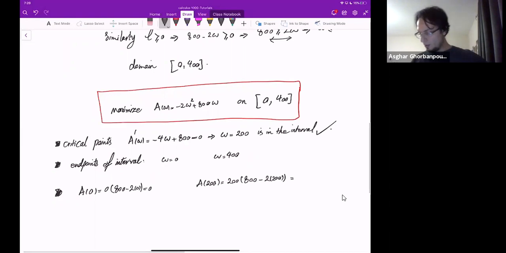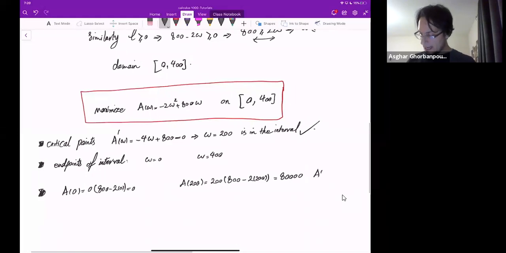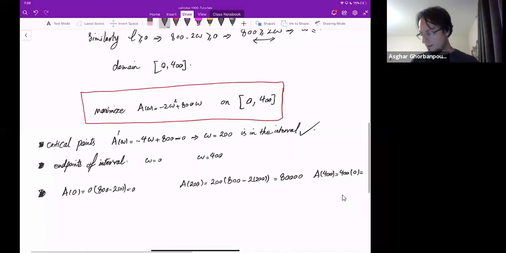And that gives me what? This is 400, 800 minus 400. It is just 400 and times 200, this is 80,000. And what is the third value? A at 400 is, well, 400 times 0. You check that, that is 0 as well.